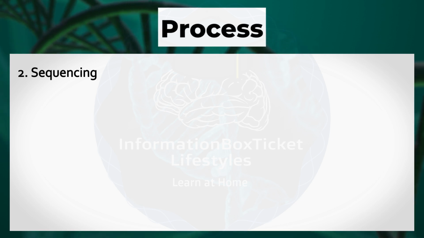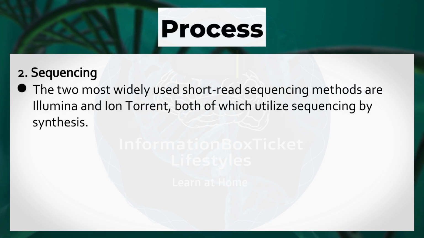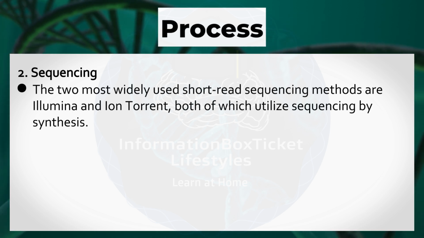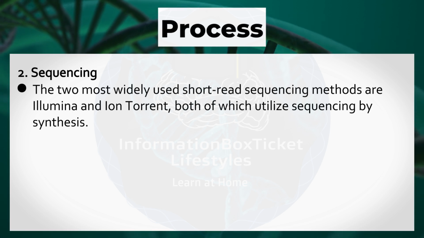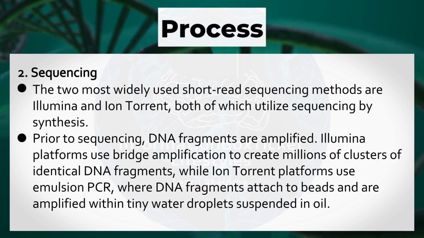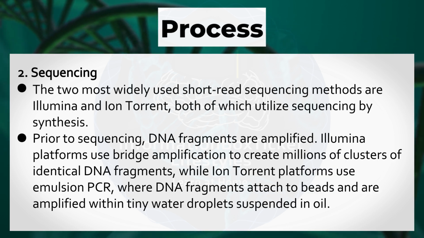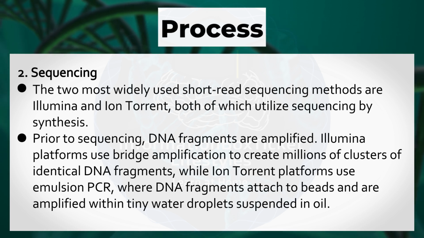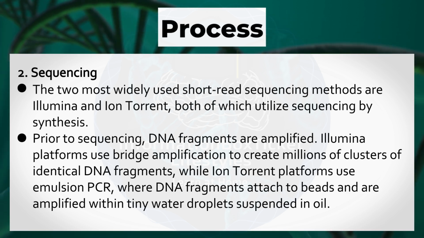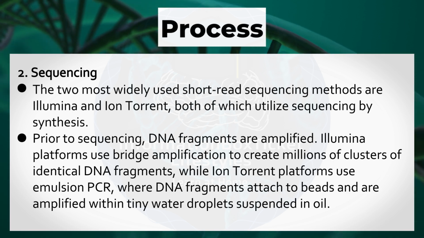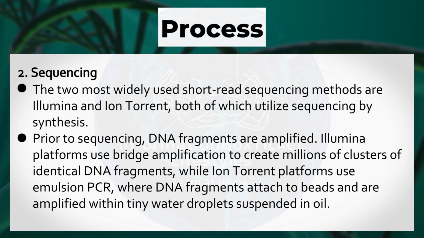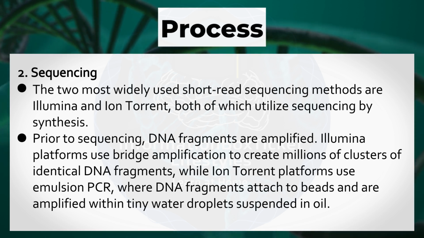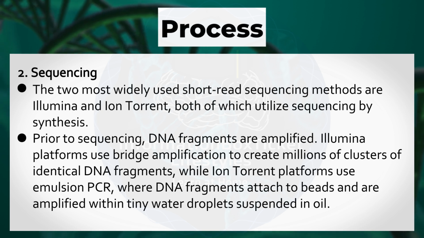Second, sequencing. The two most widely used short-read sequencing methods are Illumina and Ion Torrent, both of which utilize sequencing by synthesis. Prior to sequencing, DNA fragments are amplified. Illumina platforms use bridge amplification to create millions of clusters of identical DNA fragments, while Ion Torrent platforms use emulsion PCR, where DNA fragments attach to beads and are amplified within tiny water droplets suspended in oil.